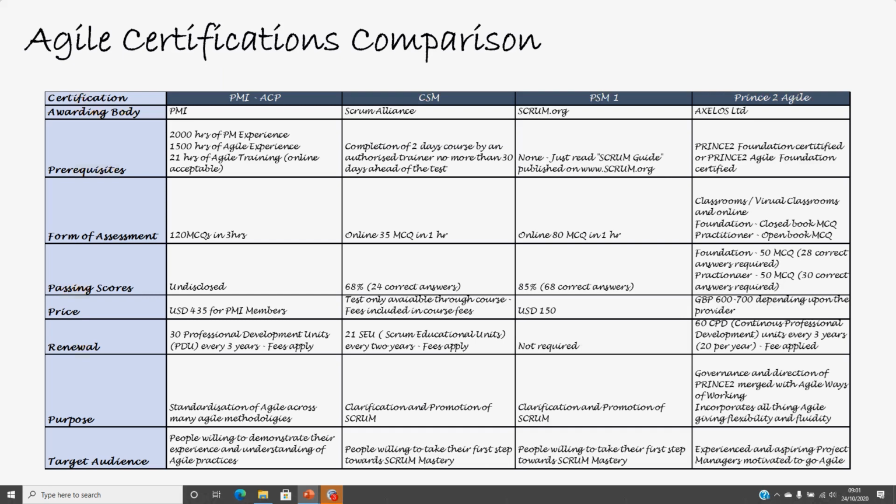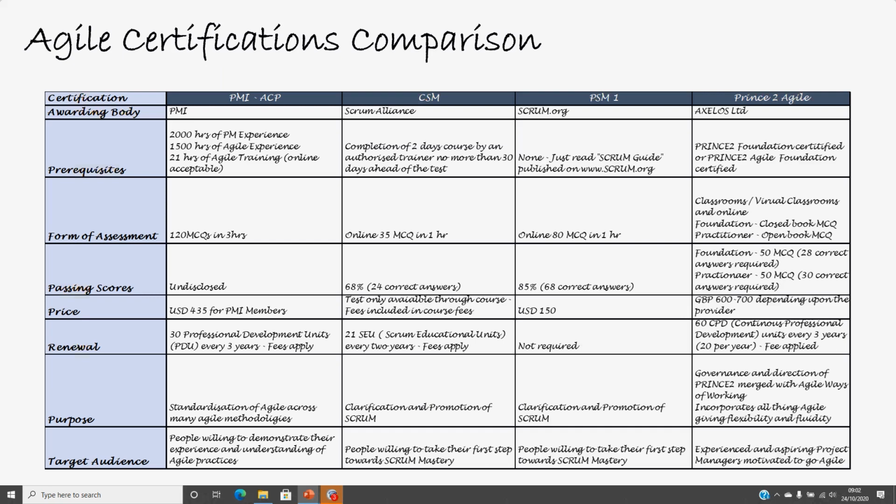Those who are aware of Prince2 know that first you take a foundation exam, which is an MCQ exam only. You are given 50 MCQs. You have to get 28 of them correct, and then you get your foundation certificate. That's a closed book exam.